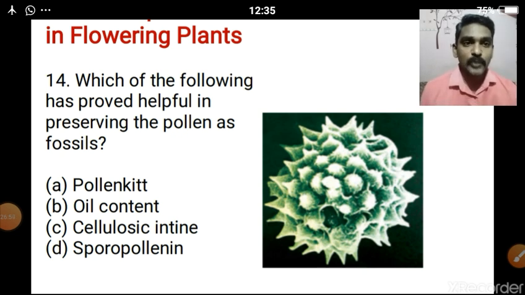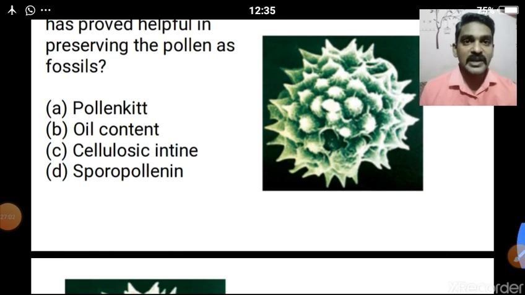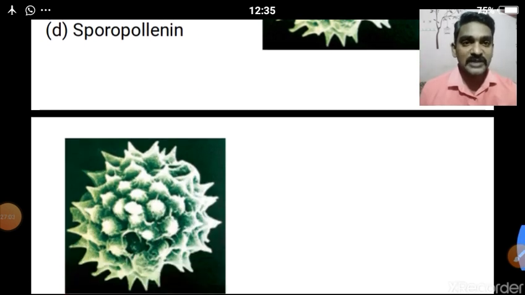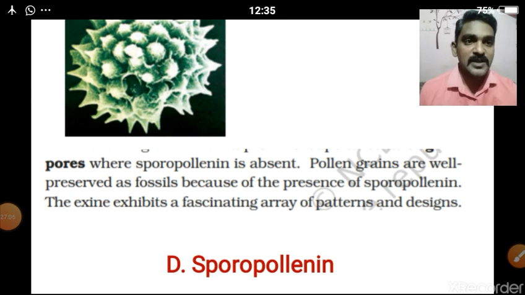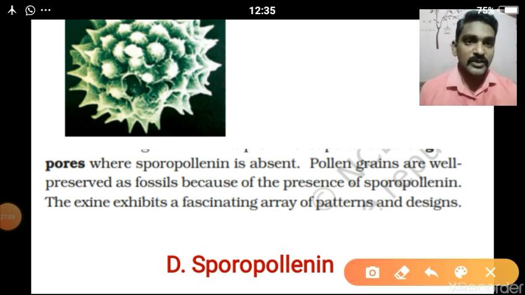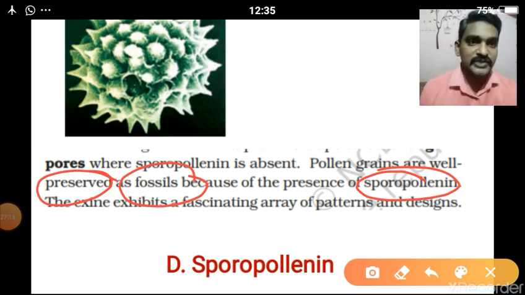Because of this nature only, they can be preserved as fossils. You can see here, the option was given directly from the NCERT book: preserved as fossils because of the presence of sporopollenin. So sporopollenin is the right option.